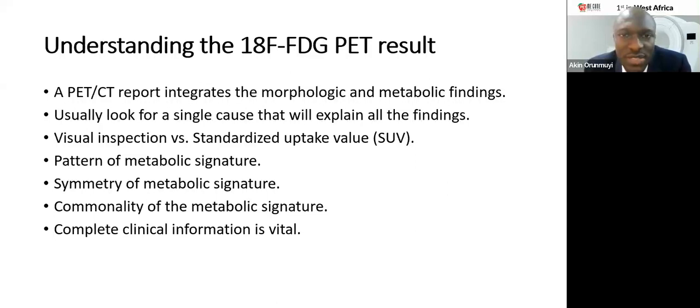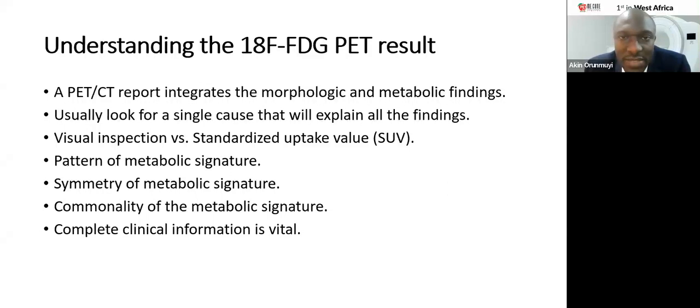It could work in some diseases, but it's just a good guide for comparison and could be used as a prognostic tool in several tumors. But what we focus on is the pattern of the metabolic signature. So any tumor or metabolic activity that is greater than liver is most likely to be abnormal.